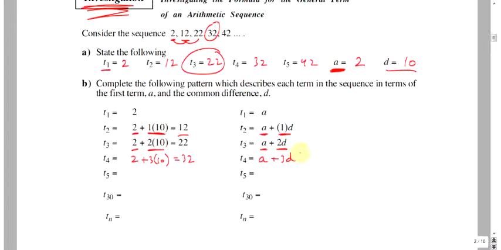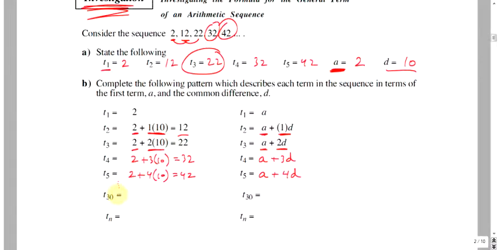Okay? Like I said, if you follow this, great. It's a better, fuller understanding of what's going on. And if you don't, you just need to know how to work the formula. Okay? T5, I start with the first one. I have 4 common differences, and I get 42. That's like saying the first term and 4 common differences.